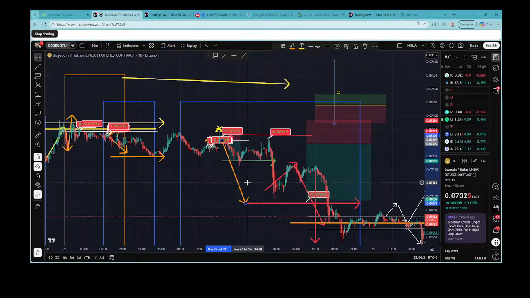So in trading, the very first thing you really have to understand is the rule of trading. It's kind of like universal laws. You've heard of universal laws, right?